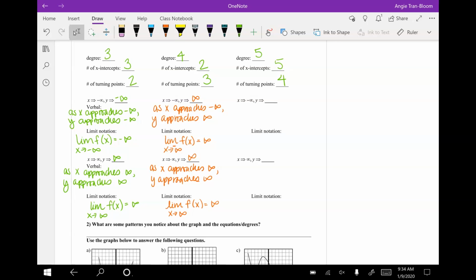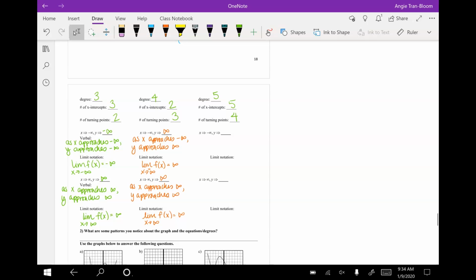Okay. I would like for you in your team to accomplish the last graph. Answer the end behavior for your last graph.